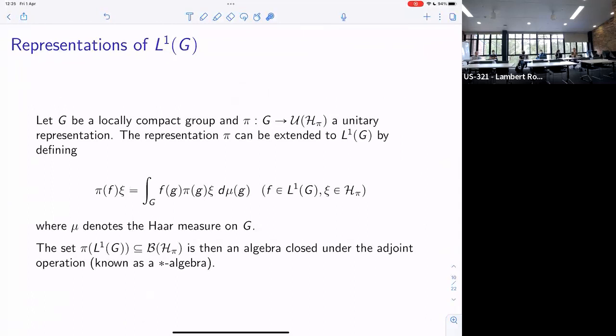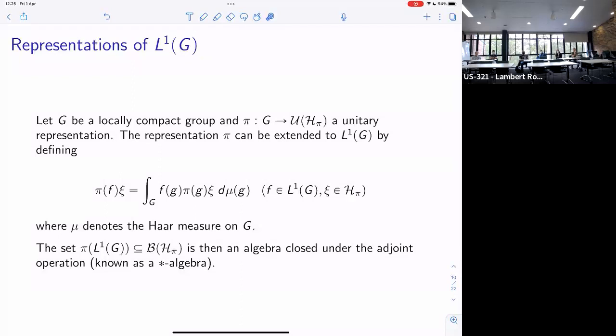Now, whenever we have a locally compact group G and a unitary representation of G, we can always extend our unitary representation pi to a representation of the algebra L1(G). And we usually just identify the representation of the group with the corresponding representation of the algebra L1(G).